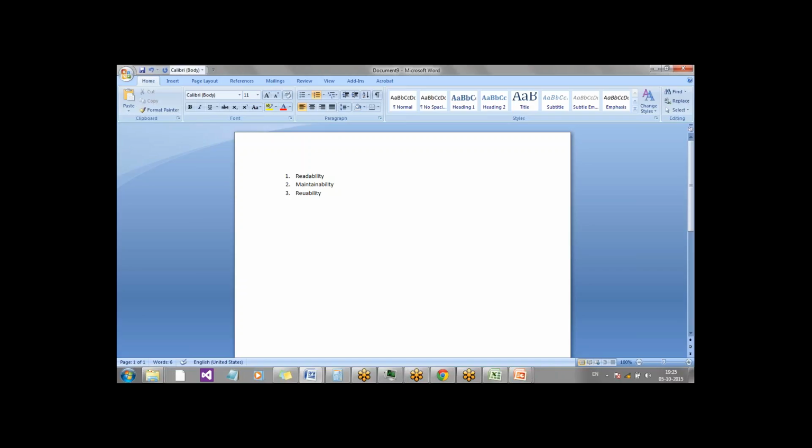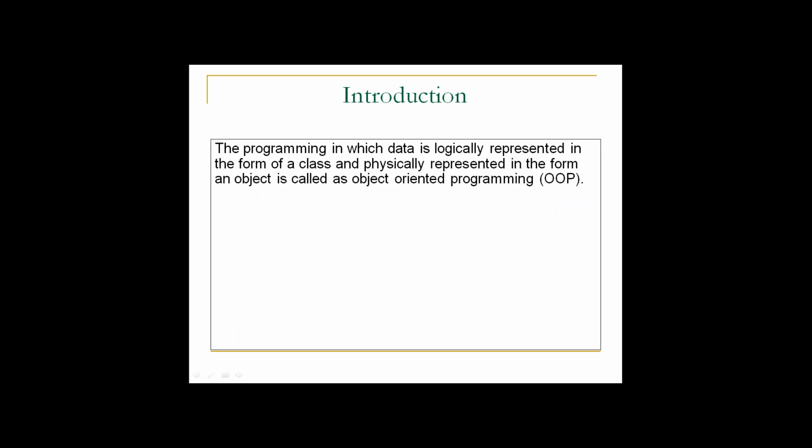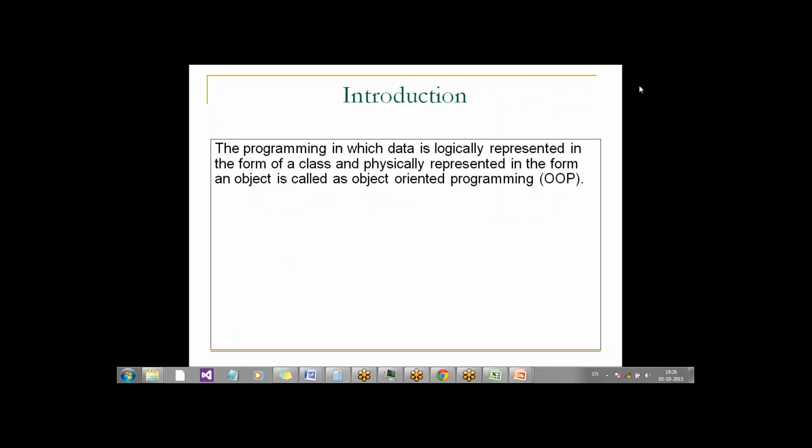So there are three major drawbacks associated with procedure oriented programming, which are readability, maintainability, and reusability. It lacks all three of them. After identifying these drawbacks with the conventional procedure oriented programming, computer scientists came up with a new pattern of development, or new model of development, called object oriented programming.